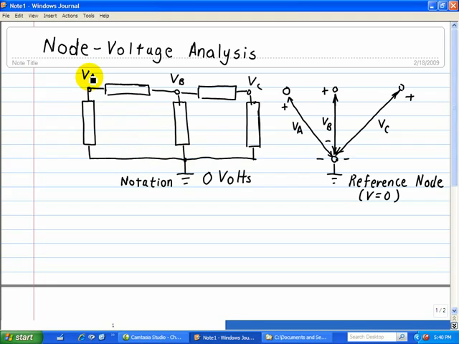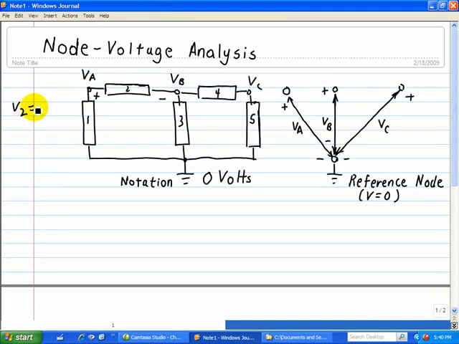So here we have node voltage A and voltage B, and let's say this is device 1, 2, 3, 4, and 5. Now we want to find the voltage across, let's say, element 2. Well, the voltage across element 2, we'll say V2, and this is our reference point, plus and minus in terms of our polarities.